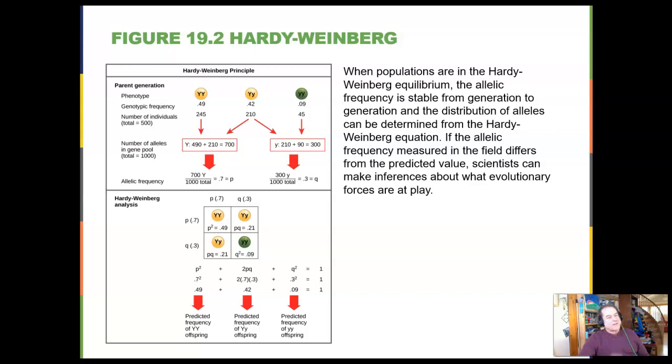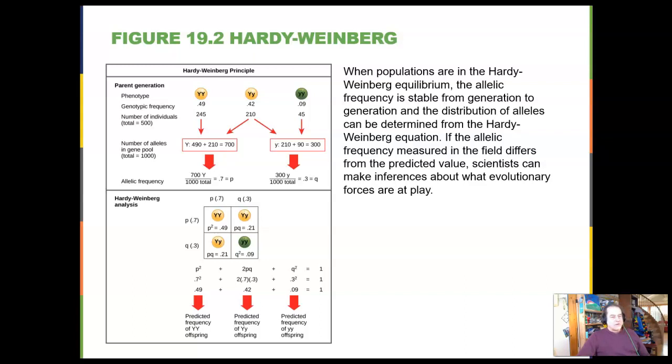So the flip side is you can do an experiment and test this question. And if we find that the ratios don't match Hardy-Weinberg equilibrium, that what we're seeing in the population is not maintained over time but instead changes, then one of those assumptions is being broken.